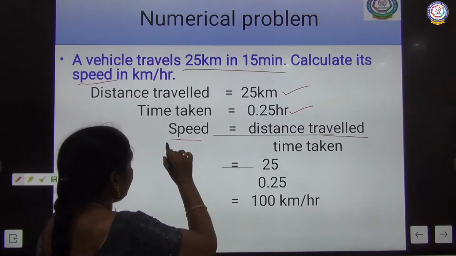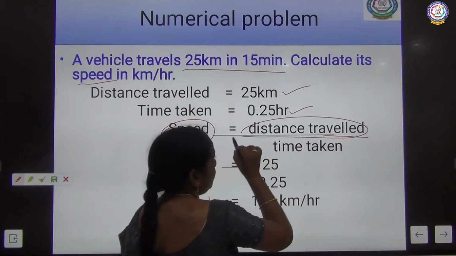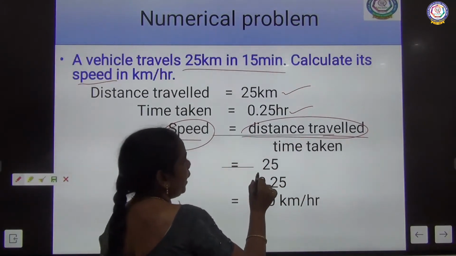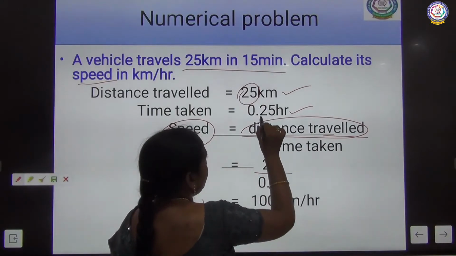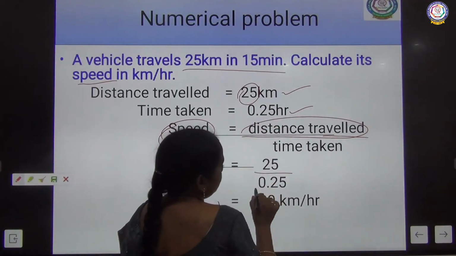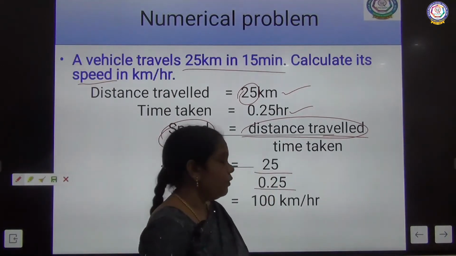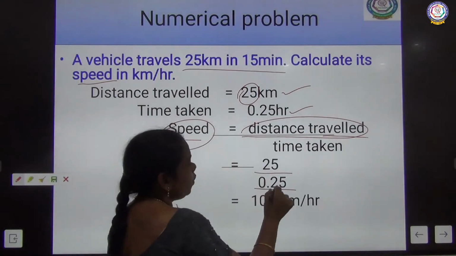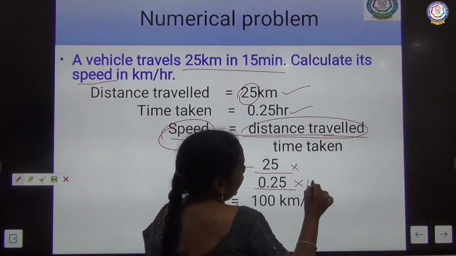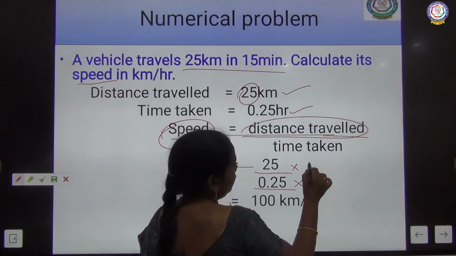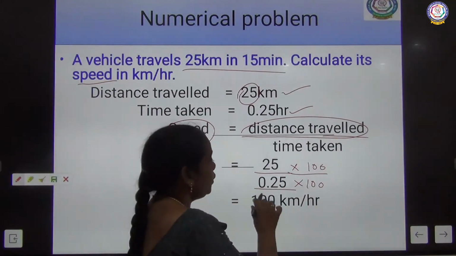Now you want to calculate the speed of the vehicle. The speed of the vehicle is nothing but distance travelled divided by time taken. So what is the distance? 25 km, and the time is 0.25 hours. To divide this, you want to change it into a whole number by multiplying by 100. So you have to multiply both by 100, and you can cancel.